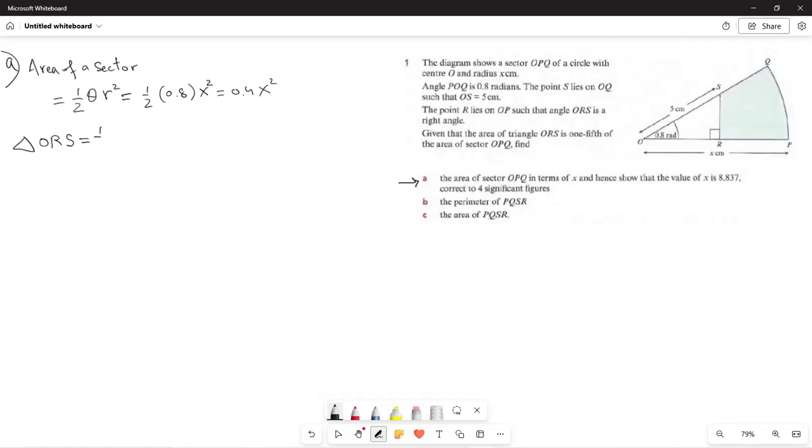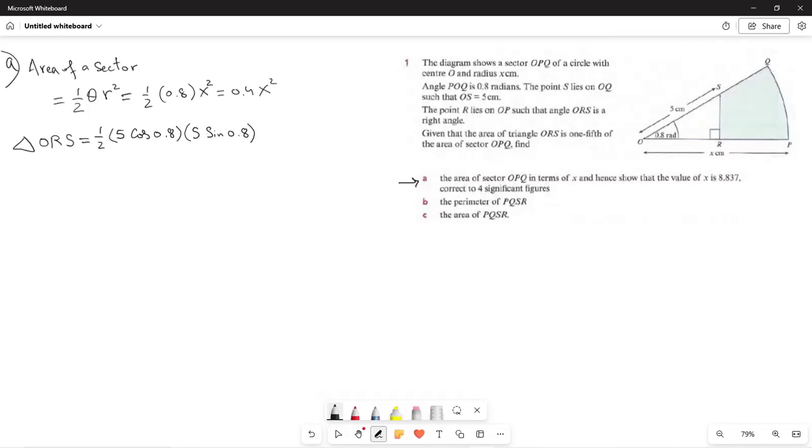Area is half into base into altitude. So the base is 5 into cosine of 0.8 radian. Similarly, the height is 5 into sine of 0.8.